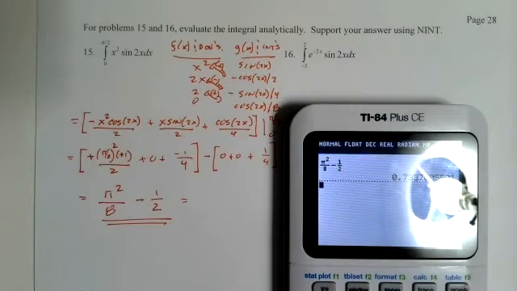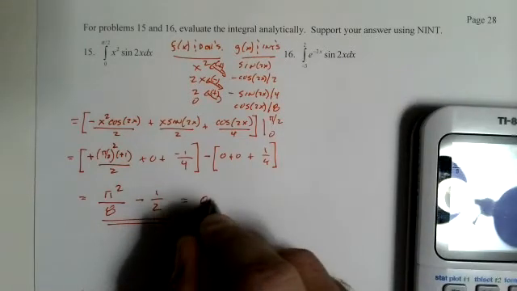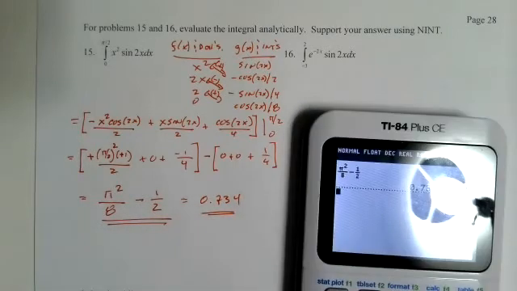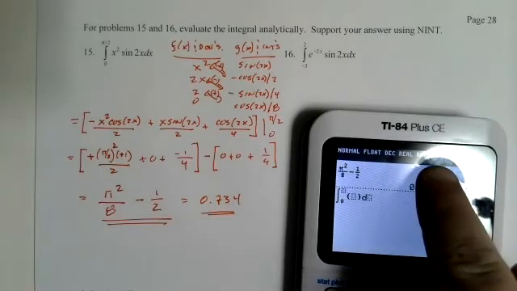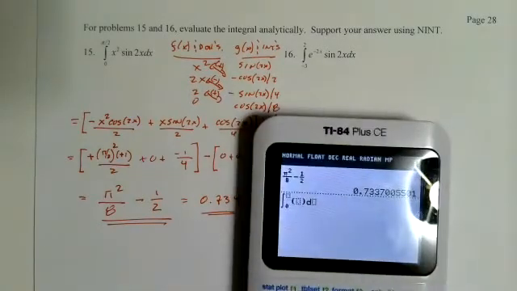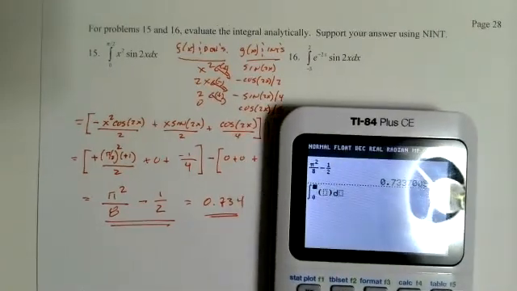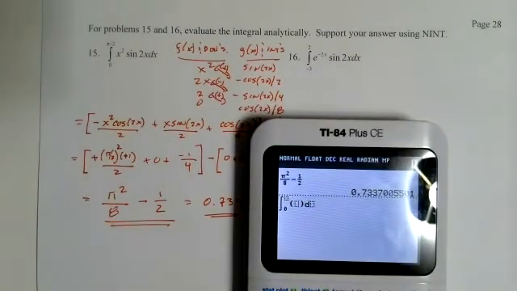I could have done that easier. 0.734. Math 9, 0. Guess I'm in radians. I can't quite see it there. 0 to pi over 2. That's a little better.